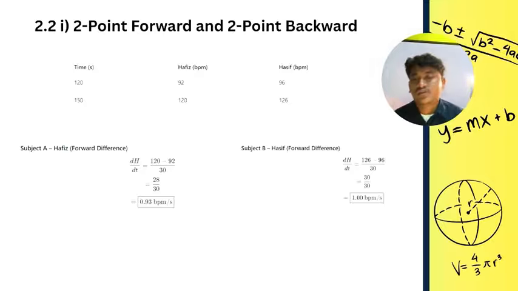The way we calculate for A is 120 minus 92 over 30, and we get 0.93 beats per minute per second. For subject B, 126 minus 96 over 30, and we get 1 beat per minute per second. This is the rate for the 2-point forward.